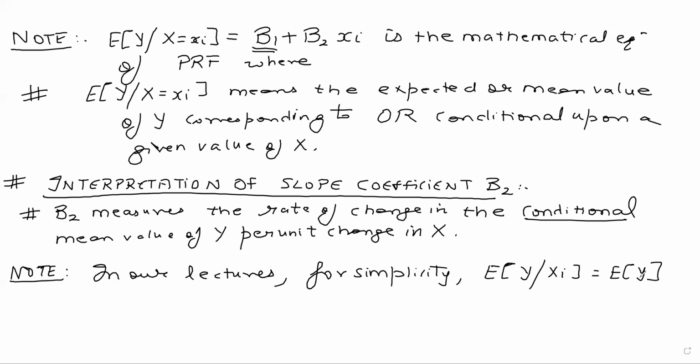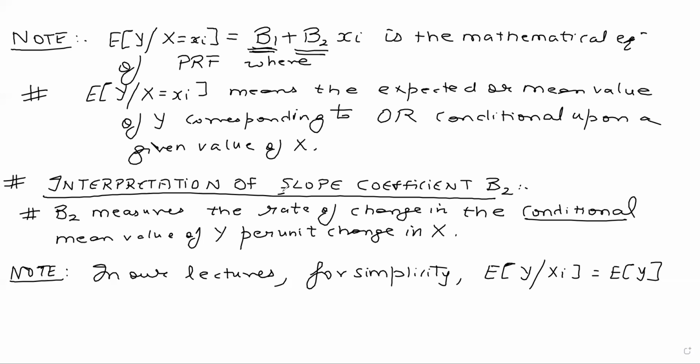We are interested in looking at the expected value of y given capital X takes a particular value xi. We join all these expected values, we get the population regression function. It is a linear line with the slope coefficient as b2 and the intercept coefficient as b1.